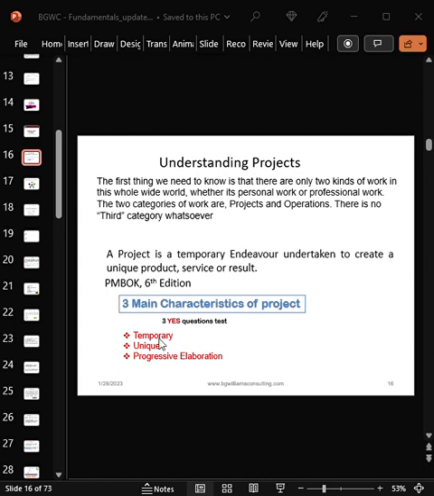So you're going to ask yourself: okay, this task assigned to me by my boss, does it have a beginning and end date? Yes, it has a beginning and end date. When we finish this project, what is the unique outcome we want to achieve? Is this something we have done before? No, we have a unique outcome. It's totally different. The location is different.